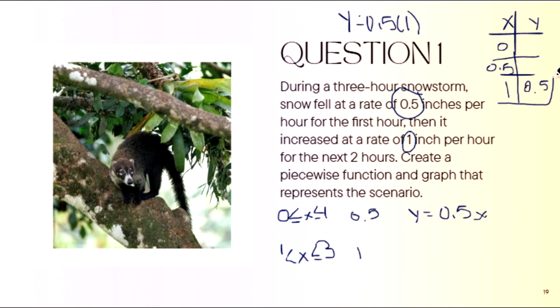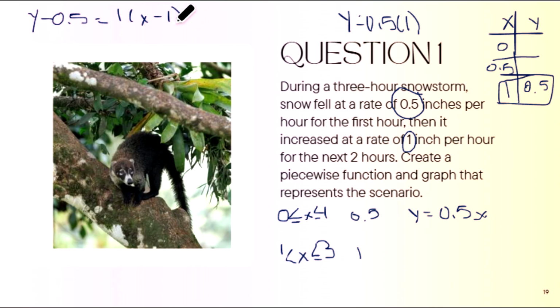We can use these values to create our second formula, which is going to use the formula y minus y1, which is 0.5, is equal to m, our second m is 1, times x minus x1, which is 1.